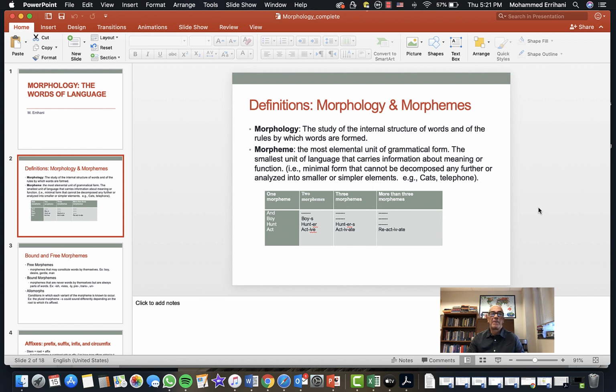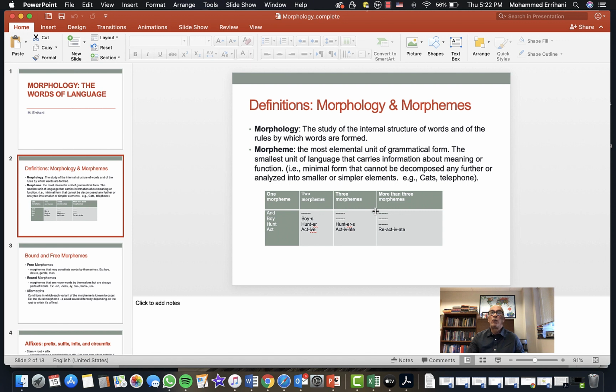such as nicer. Now, if you look at the slide that we have in front of us, we have words that can consist of one morpheme, two morphemes, three morphemes, or more than three morphemes. So words that have one morpheme, we have and, boy, hunt, and act.